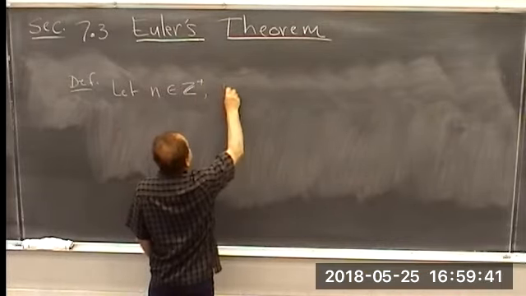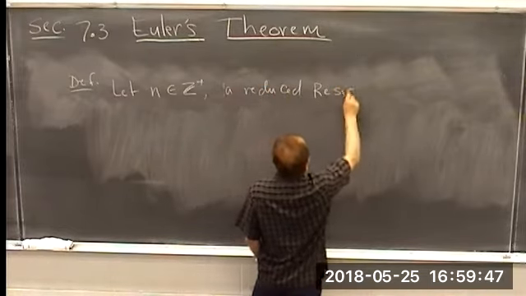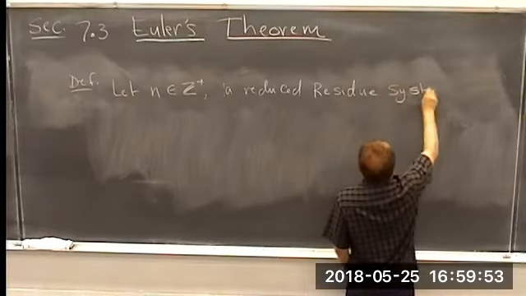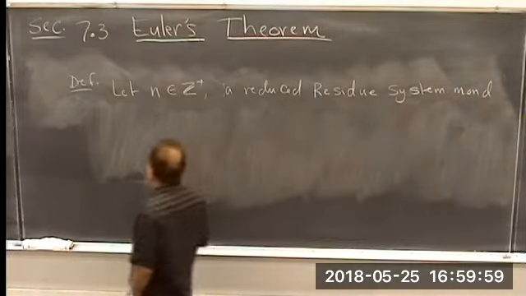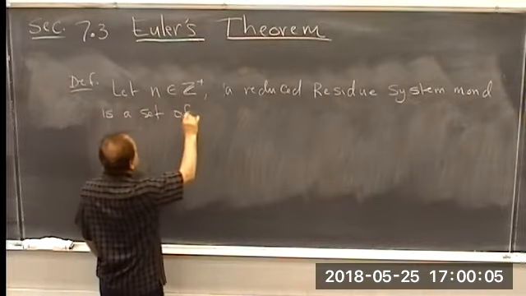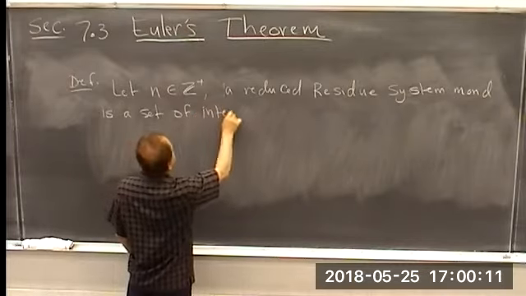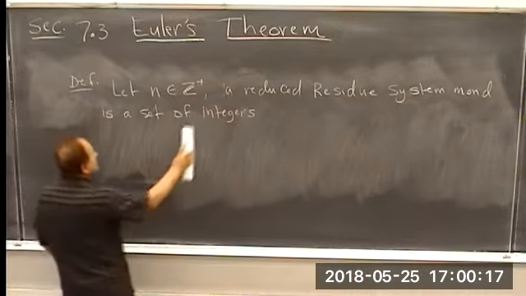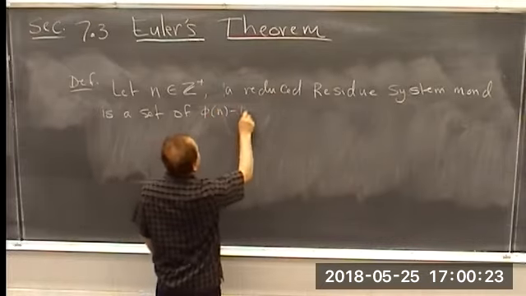A reduced residue system mod N is a set of integers, positive or negative, a set of phi of N integers, emphasize this, phi of N integers.